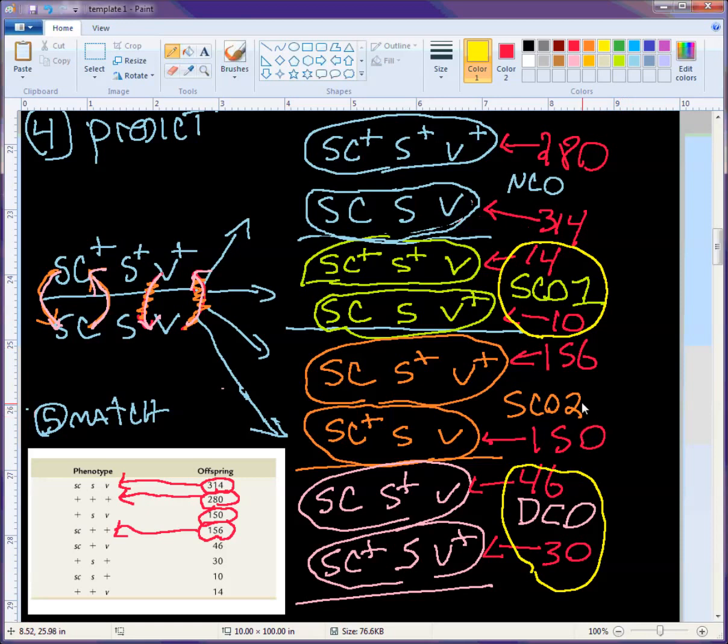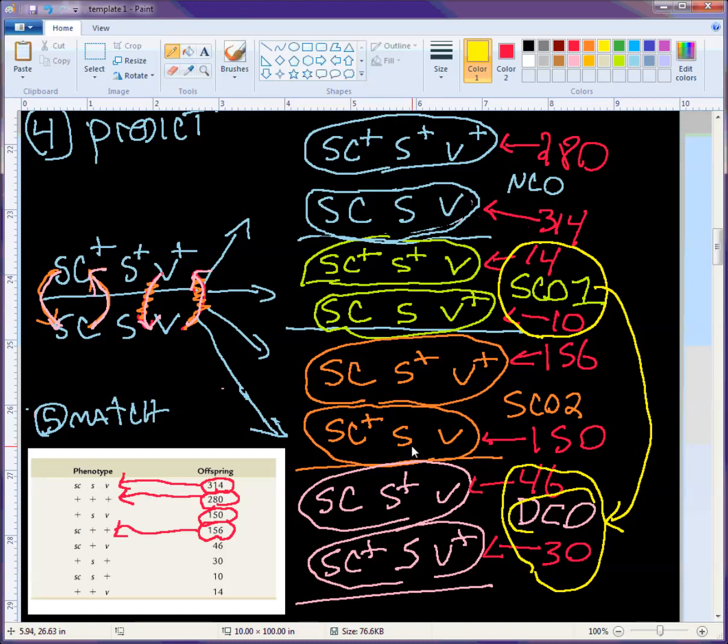If our predictions were accurate, then we should see the smallest number of progeny down here in this class right here. And you have to remember that the reason why these genotypes appear in the double crossover class down here is because of our original prediction that S, the gene for the sable phenotype, was in the middle.